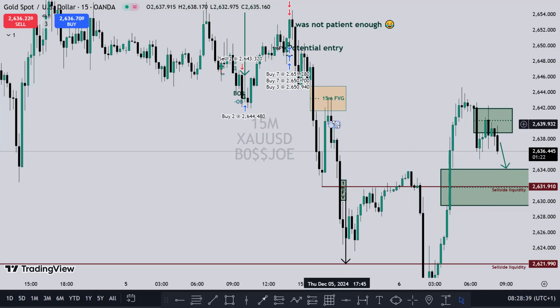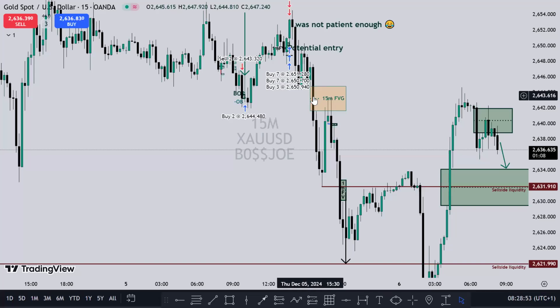That could have been your potential entry. Strictly what I'm teaching you guys is one particular setup here. I want you to understand really one system of trading, which is the fair value gap using this 15 minutes.